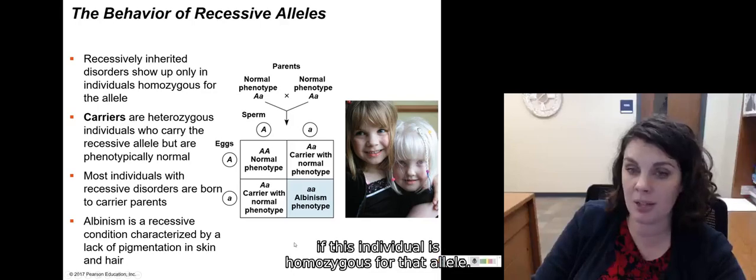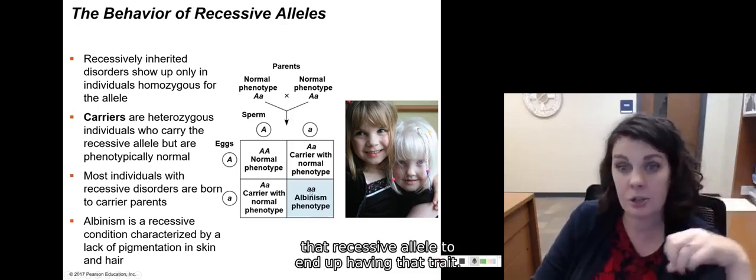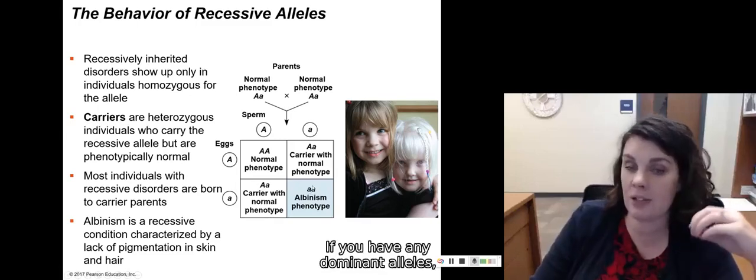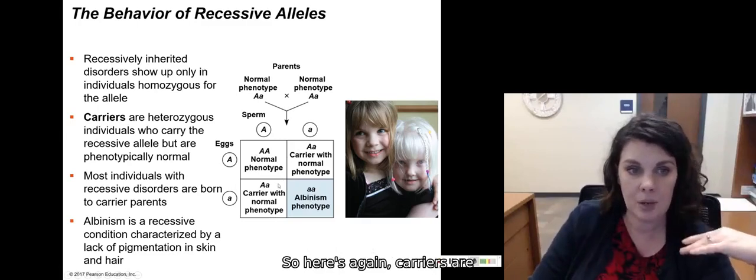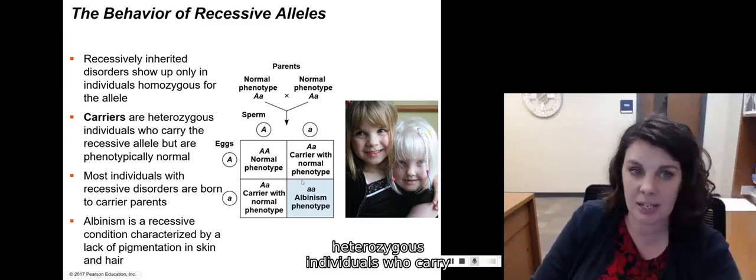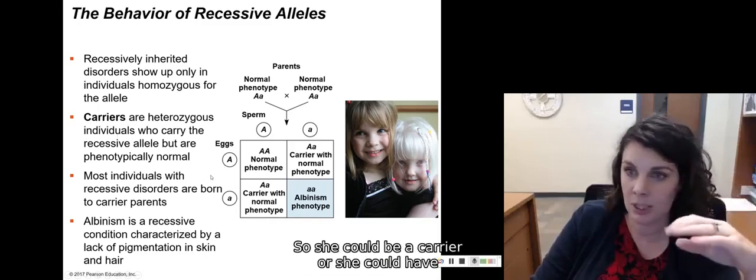Recessively inherited disorders only show up if the individual is homozygous for that allele. So you need to have two copies of that recessive allele to end up having that trait. If you have any dominant alleles, then you are not going to have that trait. Okay, so again, carriers are heterozygous individuals who carry the recessive allele but are phenotypically normal.